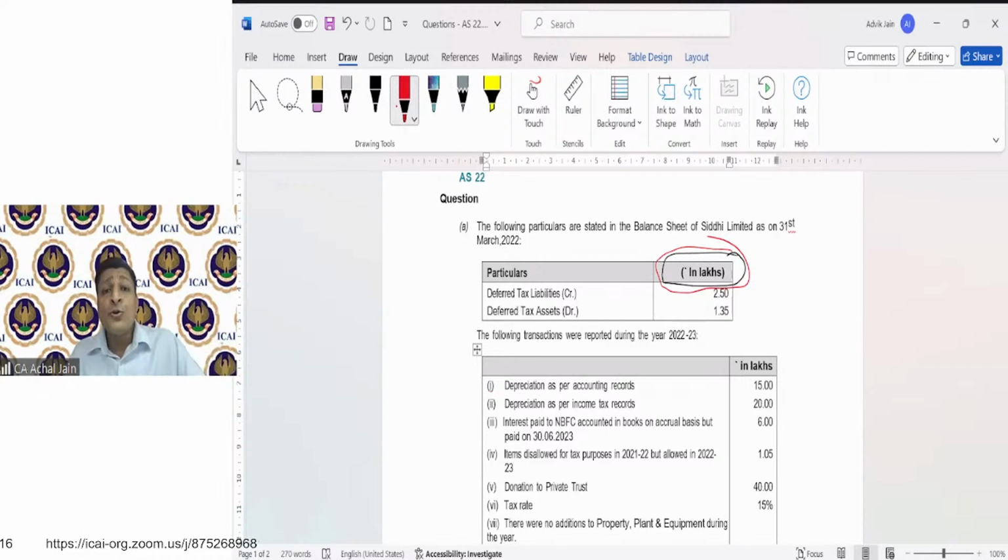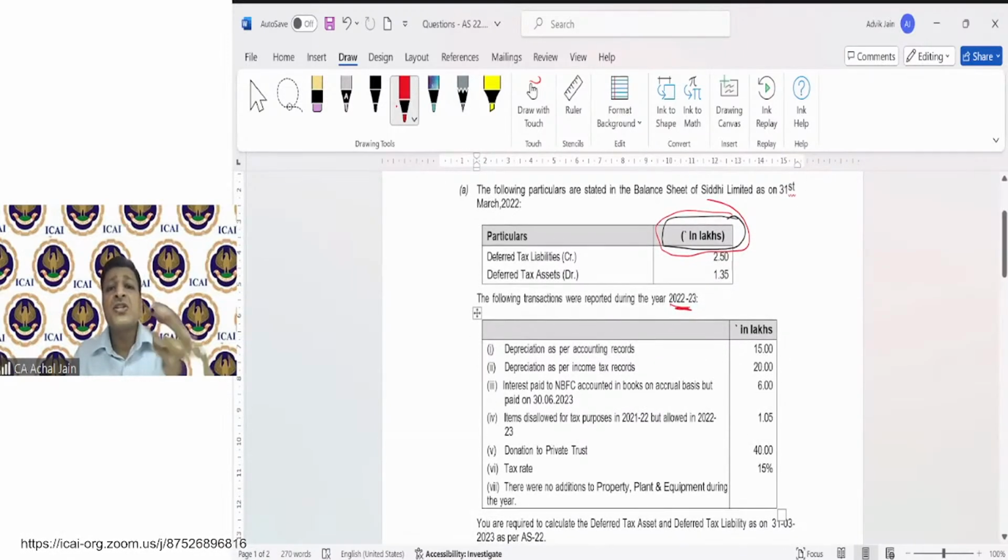Now, during the financial year 22-23, some transactions have taken place for which information is available. So depreciation as per books, depreciation as per income tax, this is given. Then interest paid to NBFC accounted in books on accrual basis, but this was paid on 30th June 2023.